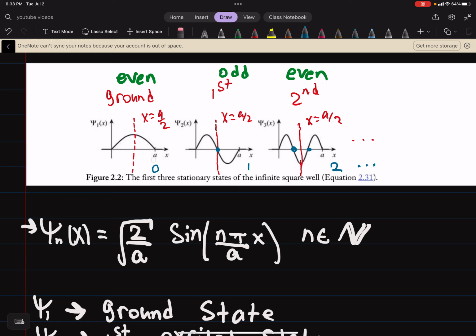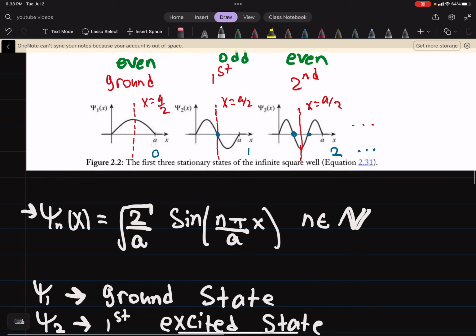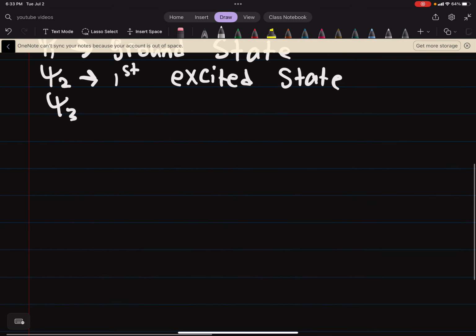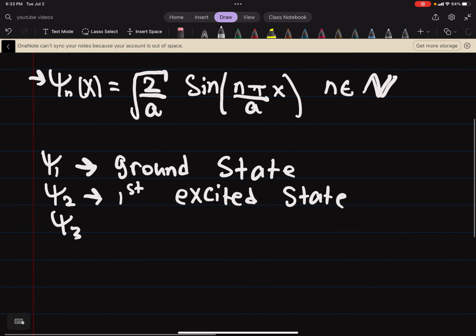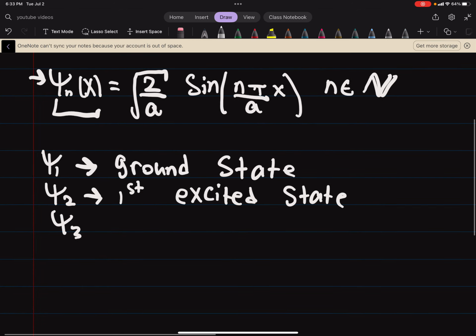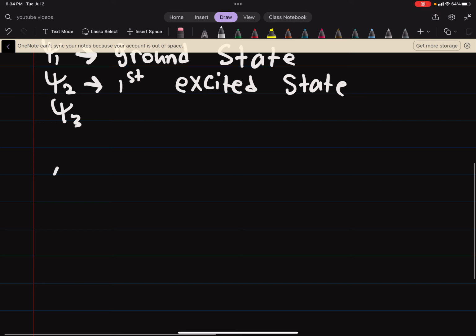Okay, cool. The next one, maybe not obvious by looking at the graph, but it's worth working out here, is that all of your psi's are what we call mutually orthogonal.